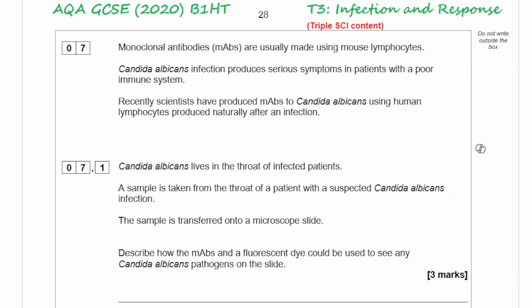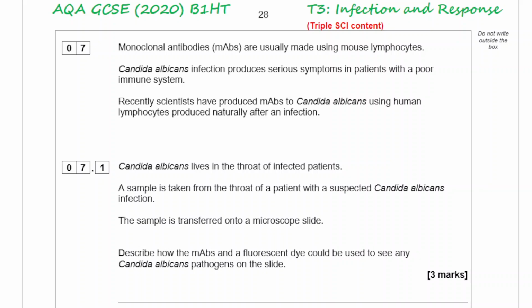Candida albicans lives in the throat of infected patients. A sample is taken from the throat of a patient with a suspected Candida albicans infection. The sample is transferred onto a microscope slide. Describe how the MABs and a fluorescent dye could be used to see any Candida albicans pathogens on the slide.